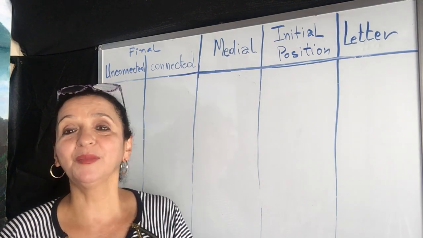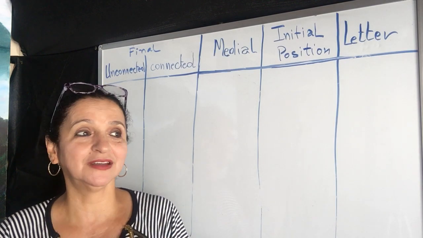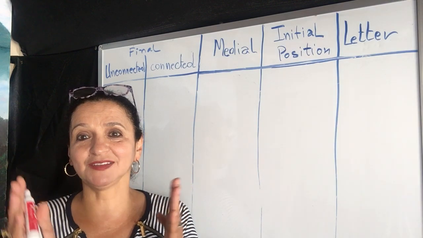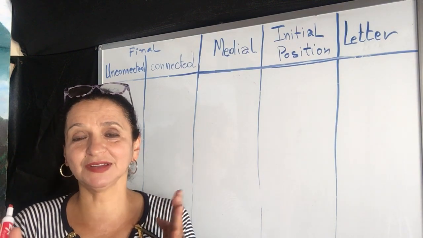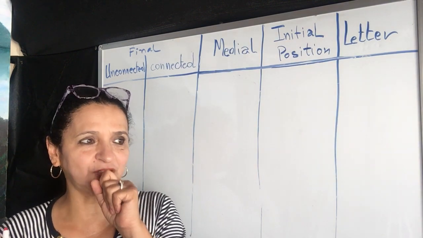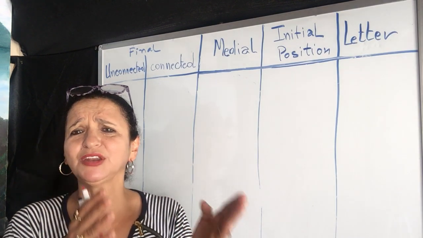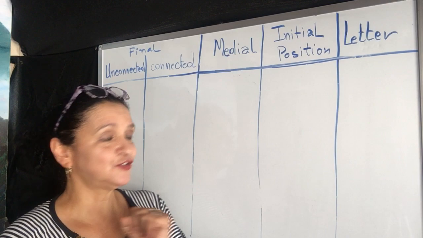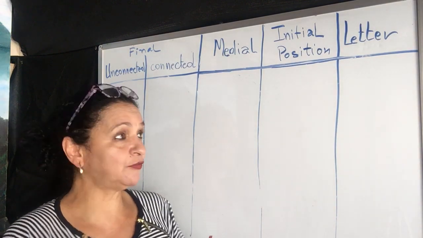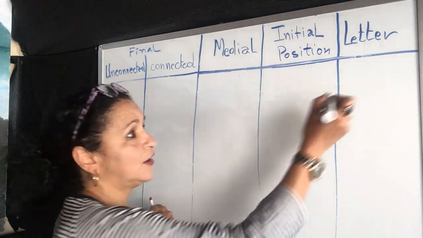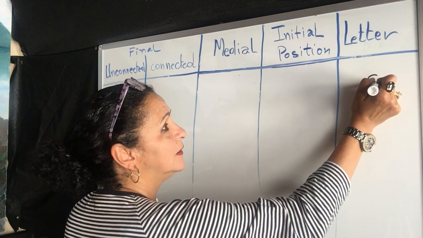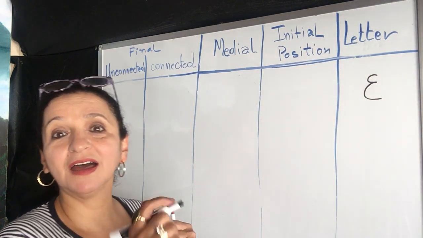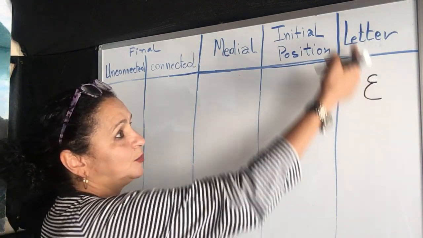So we're gonna do A. Pay attention because the letter عين is going to change from by itself, isolated, at the beginning of a word, in the middle position, and at the end. So the harf is the letter, الحرف. A or عين by itself.